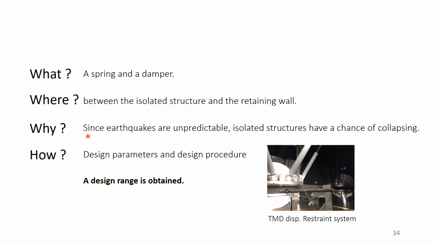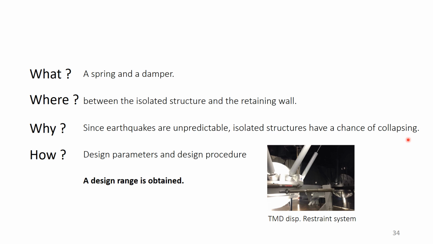Since earthquakes are unpredictable and there are chances of near-fault earthquakes happening, isolated structures have a chance of collapsing. We know that dampers are usually used to restrain the displacement.